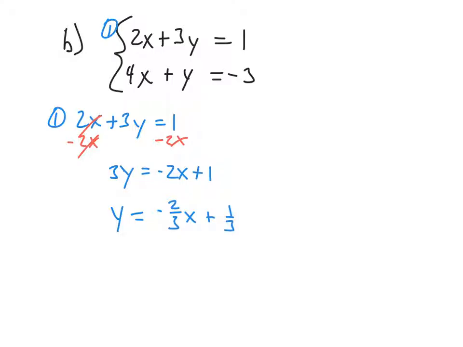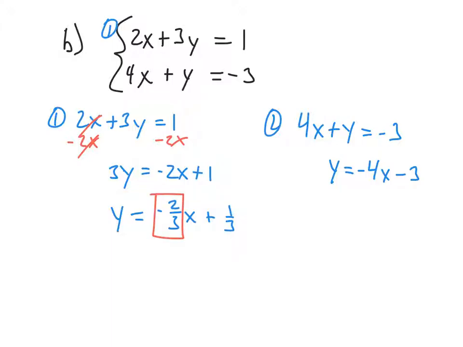Looking at the second equation, 4x plus y equals negative 3. Subtracting 4x gives me y equals negative 4x minus 3. Well, look at their slopes. Are the slopes the same? No, the slopes are not the same. What does that mean? Intersecting? They're going to intersect, so we're going to get one solution.